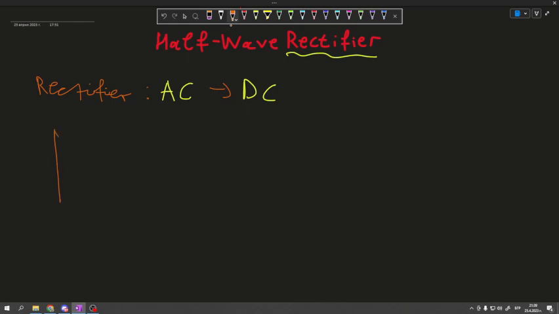AC, or alternating current, is a current that alternates with time. And if we plot current or voltage against time, it can be either one of them or both.